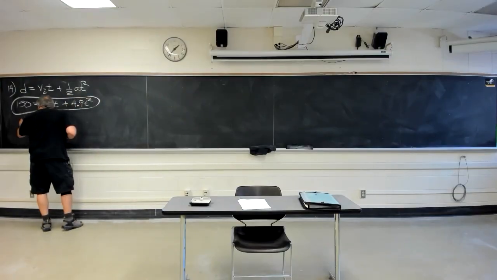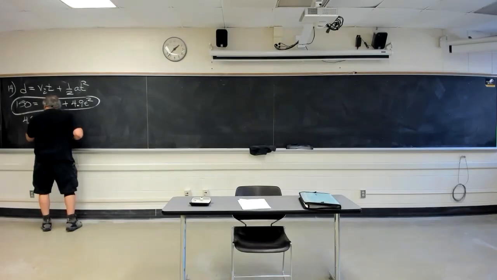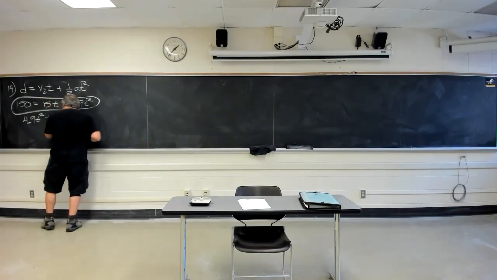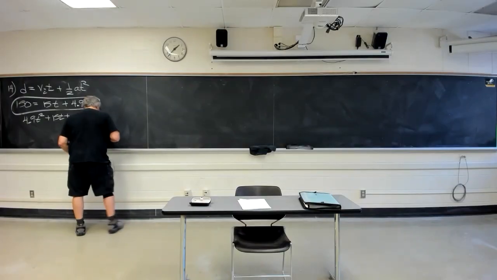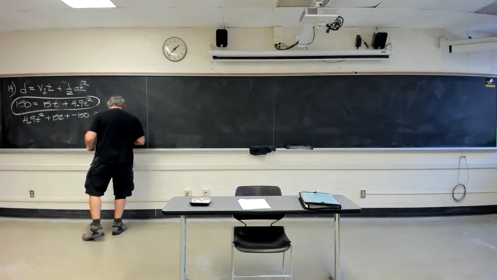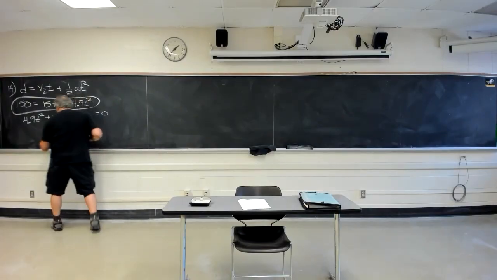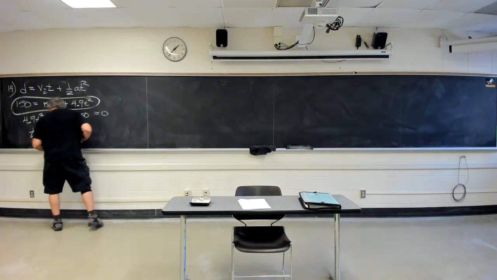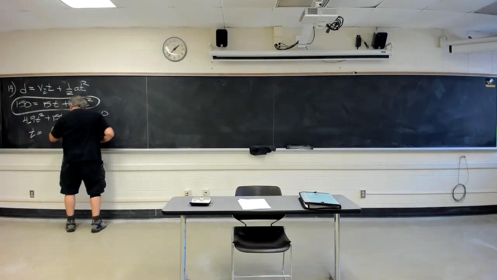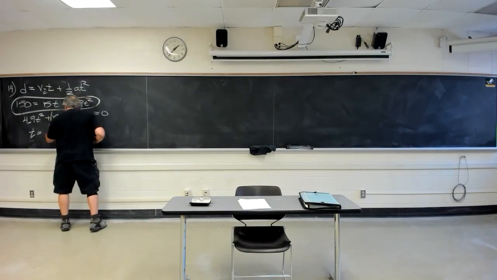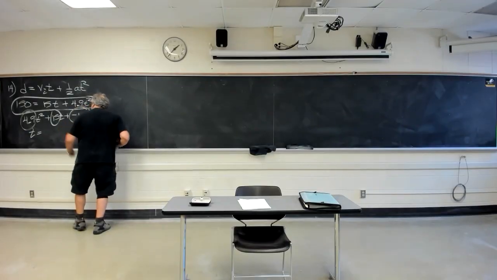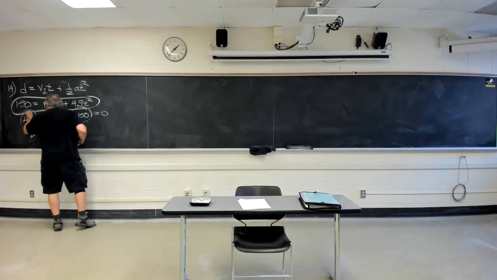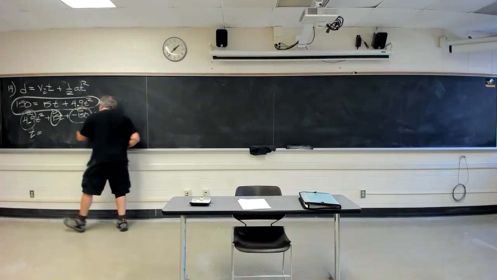You can write that as 4.9 t squared plus 15 t plus a negative 150 equals 0. t is like the x. This is b, this is a, and this is c.